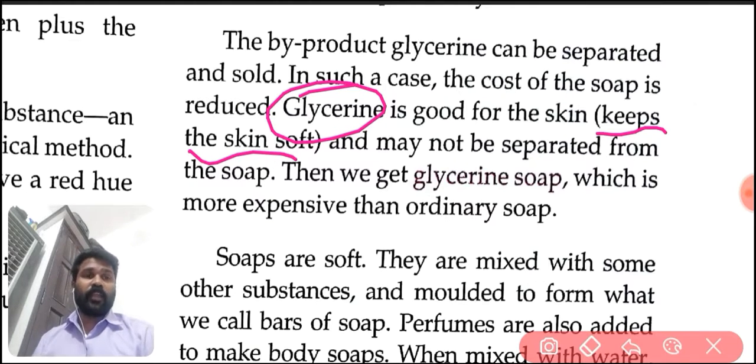Then we get glycerin soap, which is more expensive than ordinary soap, because glycerin keeps the skin soft. In ordinary soap, there is no glycerin content.